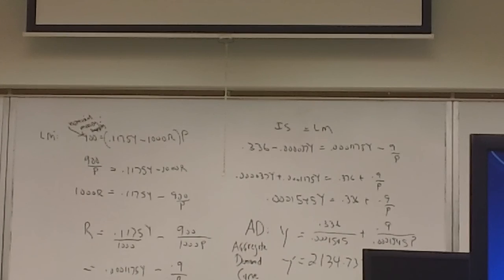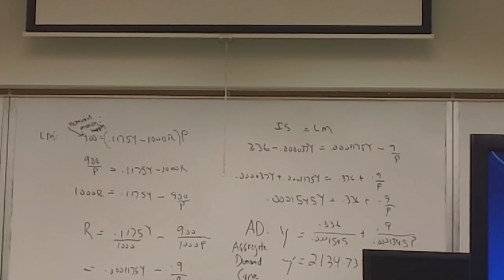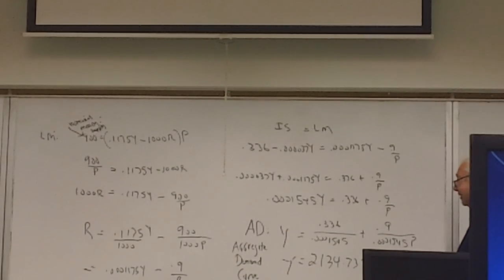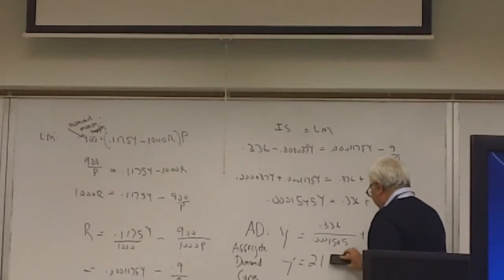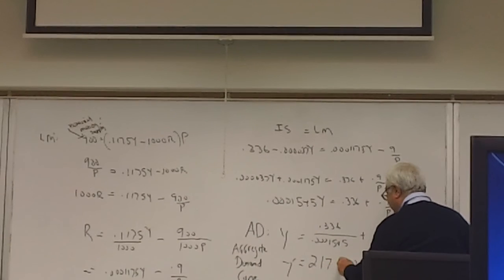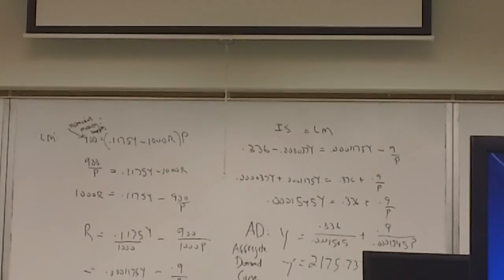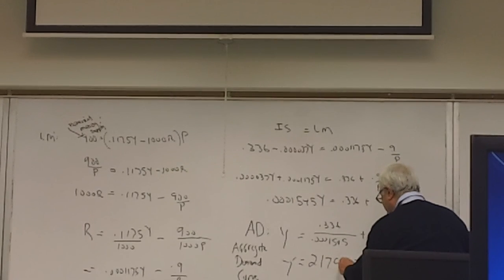I gave you this. Let's round it to 8,000. 0.336 over that, 0.9 over that. I'll have to go on Excel. It's actually 2174.75, and then change the 3 to a 5.